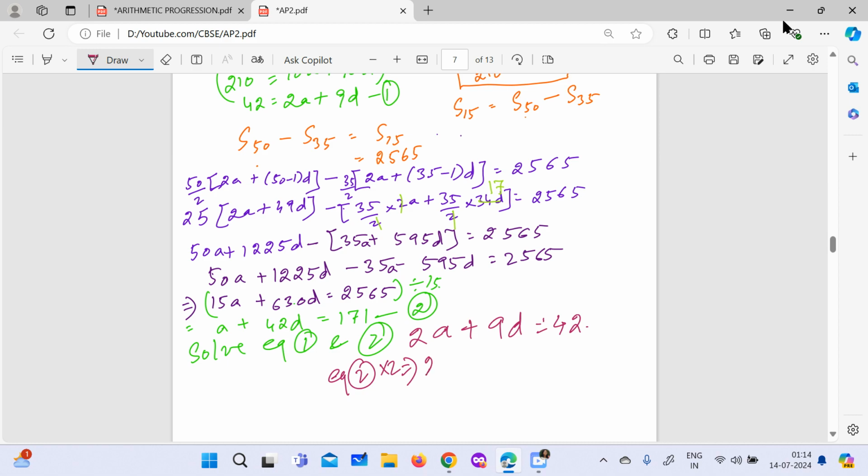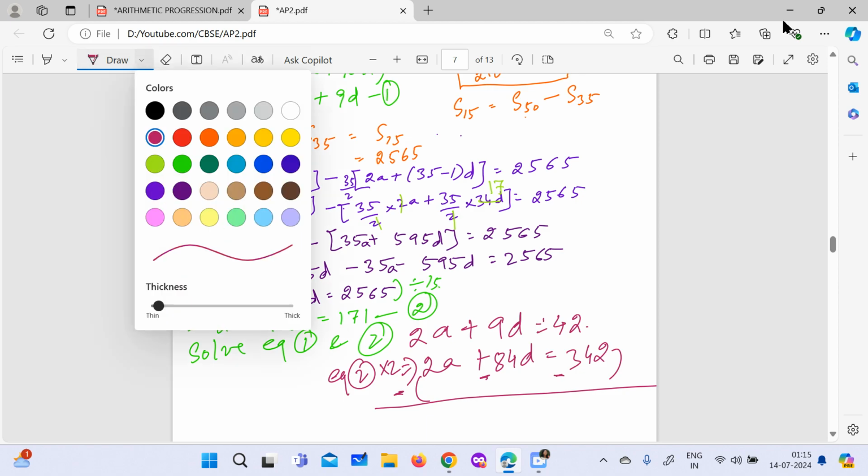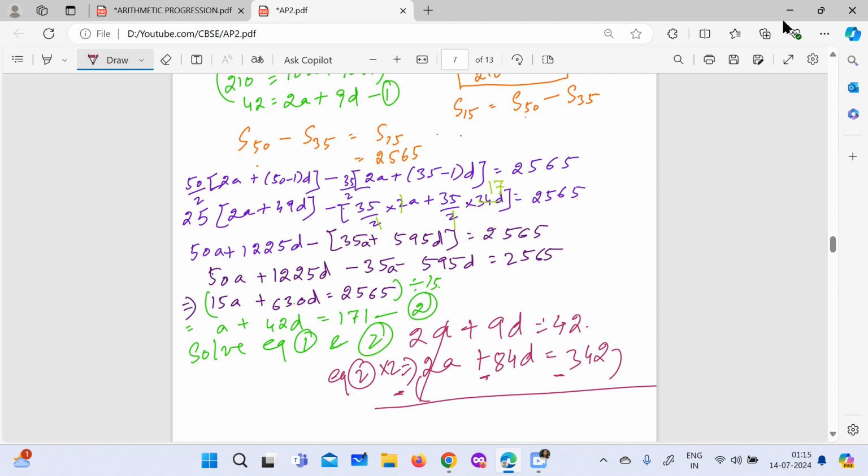That will give you 2a plus 84d equals 342. Now we subtract: 2a cancels, and here you get minus 75d equals minus 300.